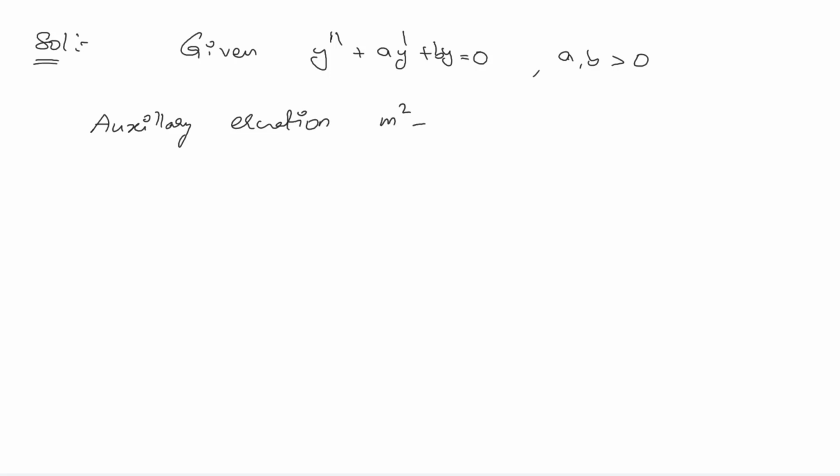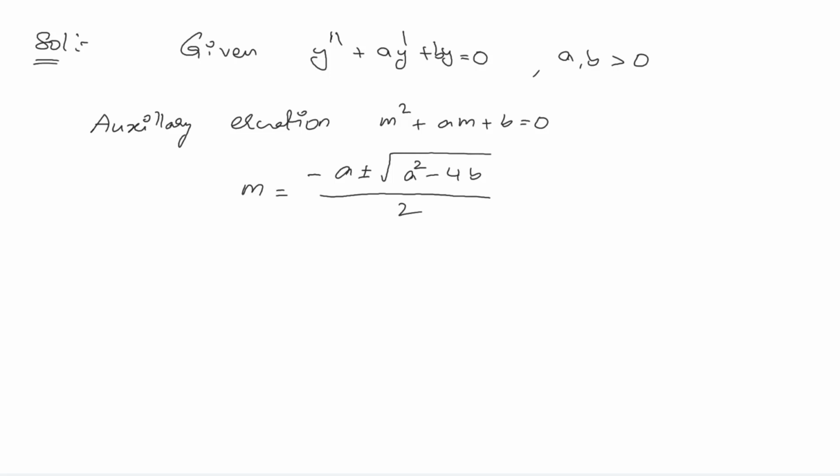The auxiliary equation is m^2 + am + b = 0, and the solution of this equation is m = (-a ± sqrt(a^2 - 4b))/2. Since a and b are arbitrary real numbers, one can consider a^2 - 4b = 0. In that case, we get the roots of this equation as the same and repeated.